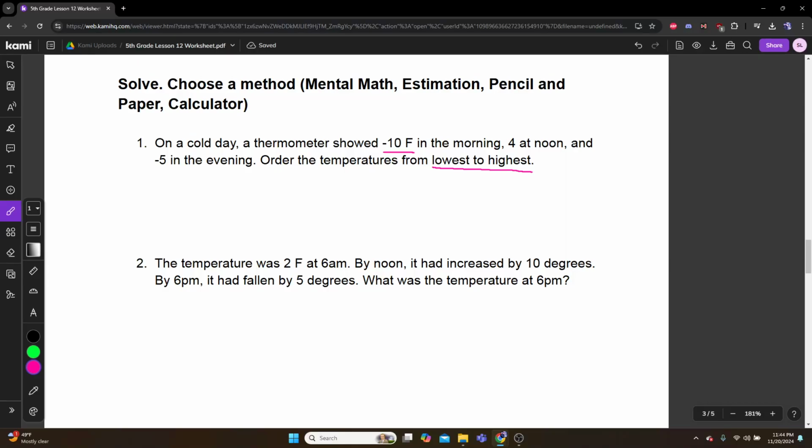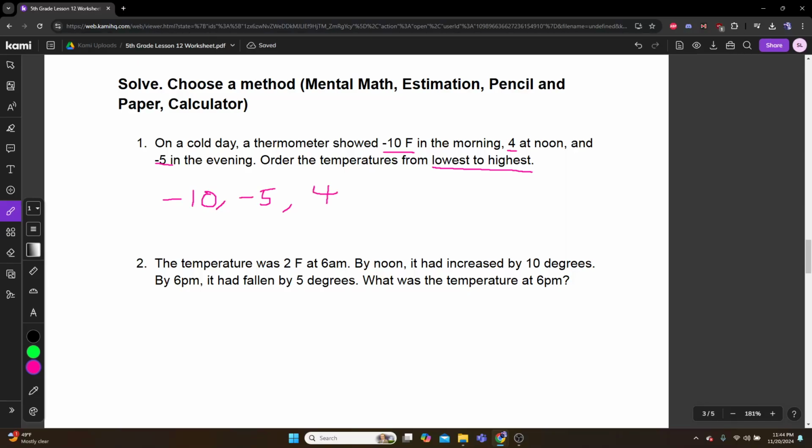Okay, so we know there's negative 10, 4, and negative 5. As the number gets bigger for negative numbers, that means that it becomes smaller and smaller. So negative 10 would be our smallest number here. Negative 10, then the other negative number, negative 5, and then 4, which is our only positive number, which means the largest.